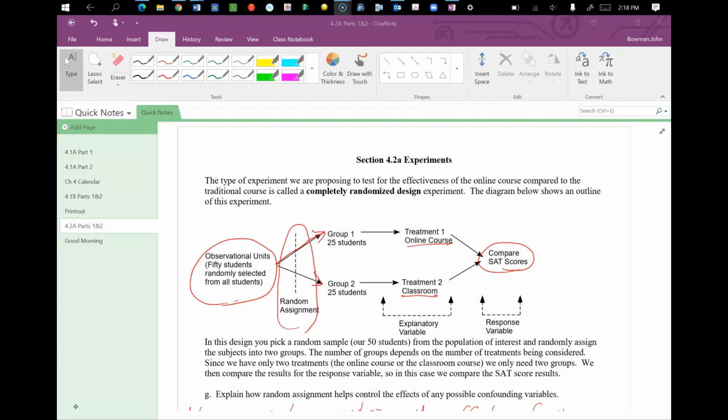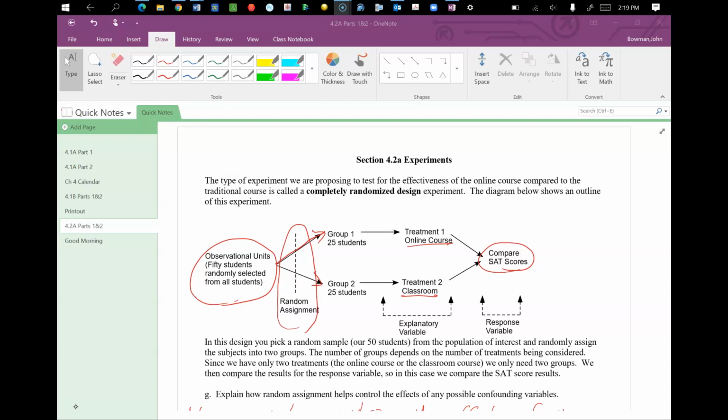So, since we cannot absolutely guarantee that the various treatment groups are going to be identical in every way, we have to settle for the next best alternative. And the next best alternative is for us to randomly assign subjects to those various treatment groups.